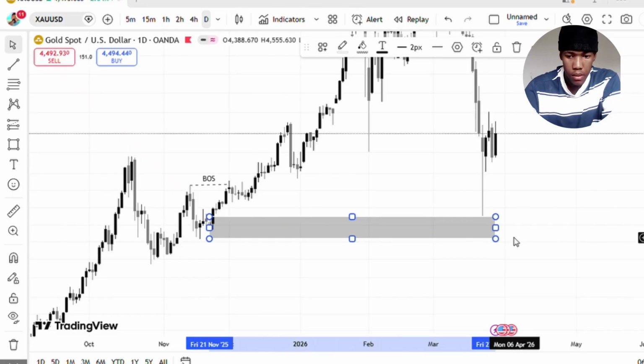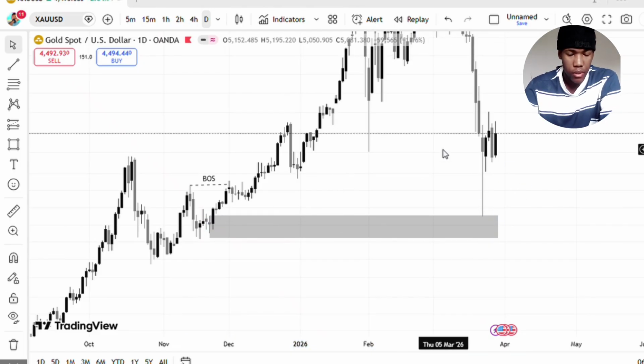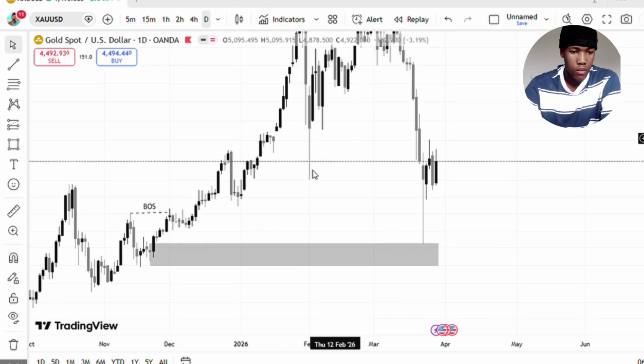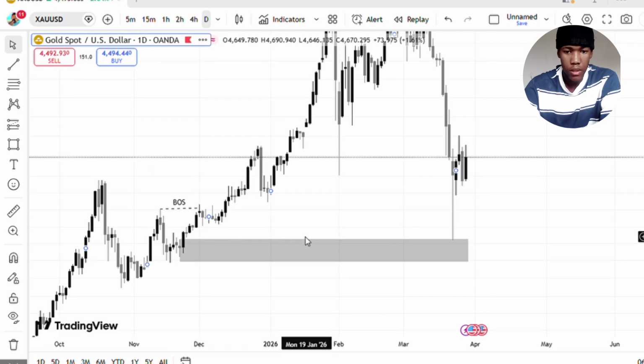The market reacted to this order block, but it's more like a fair value gap. But there's a fair value gap in here, so the market reacted here. So now we're not going to pay attention to what's happening here. We're just going to pay attention to what's going on here.